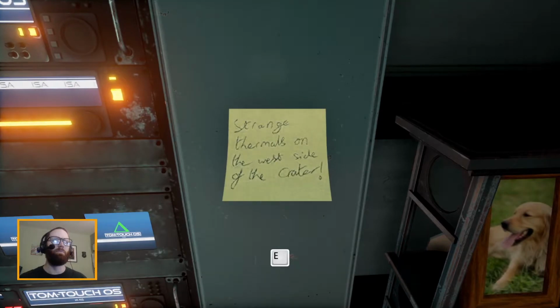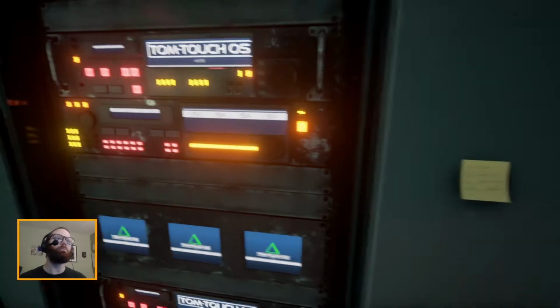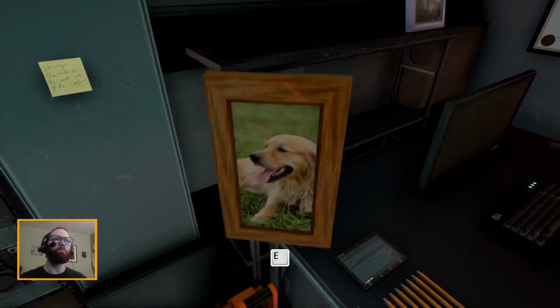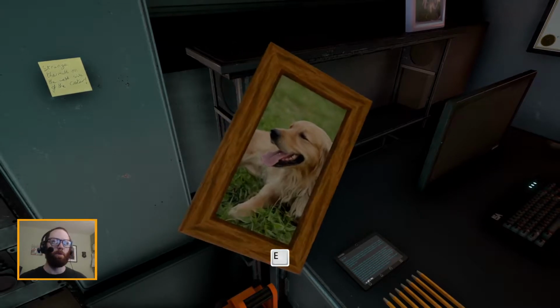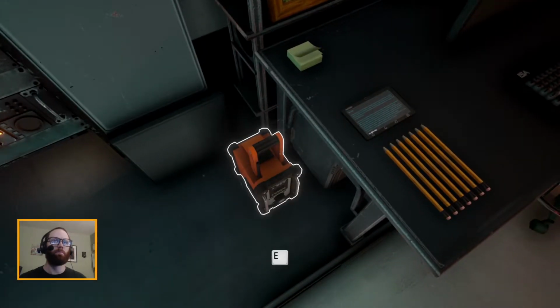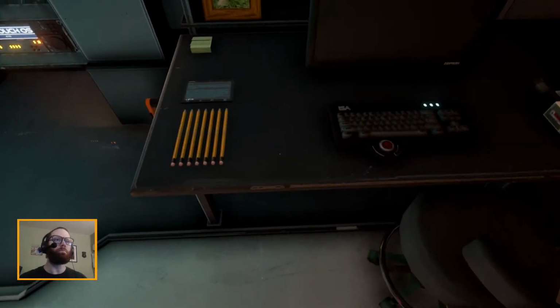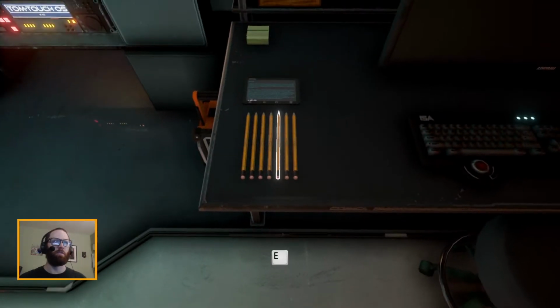Read the sticky note. Look at that doggy. Oh, he's one of those guys, huh?